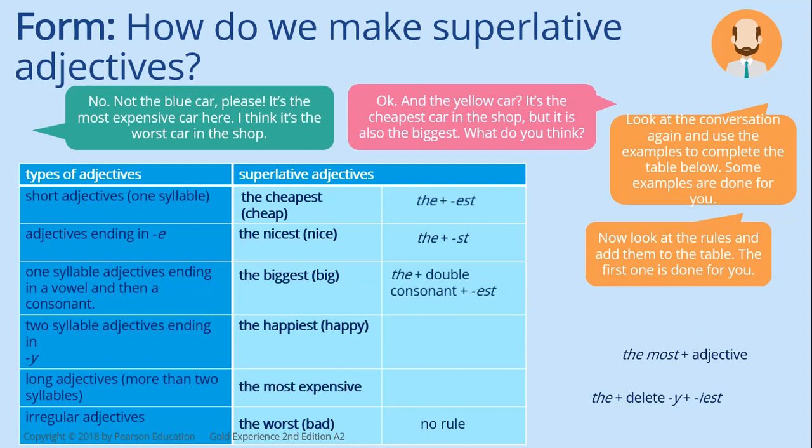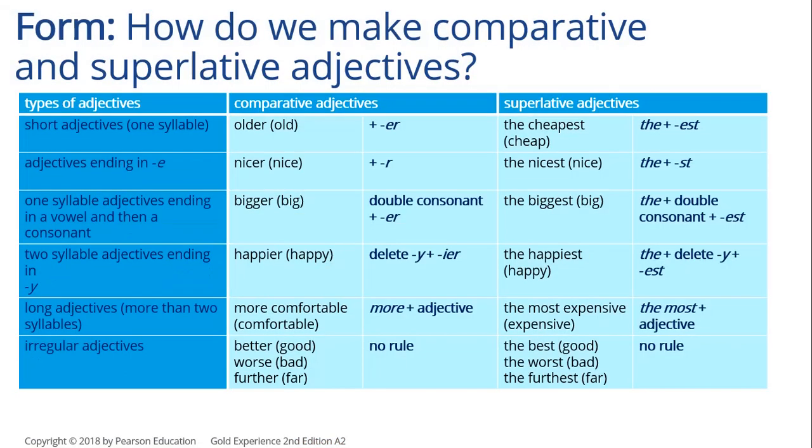Two-syllable adjectives ending in Y turns into I, and then we add EST. For long adjectives, we use most. And again, there's no rule for the irregular adjectives.